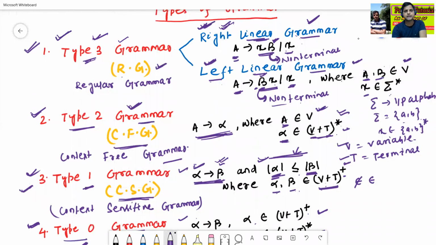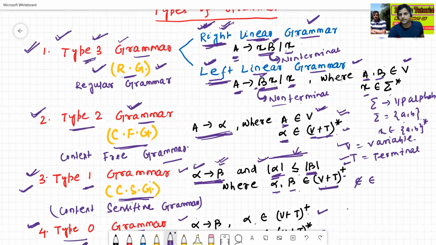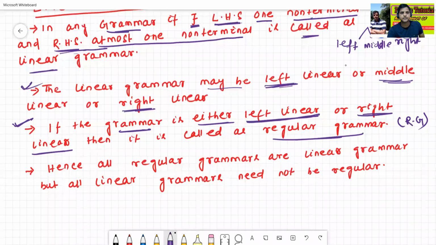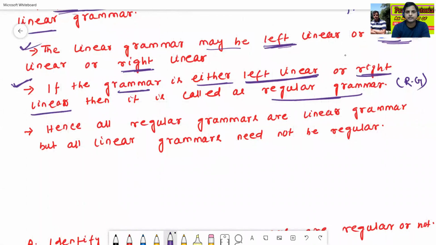What is the meaning of type 3 grammar? Type 3 grammar is called regular grammar. So if the grammar is in the form right linear or left linear, it is called regular grammar. This is the definition. If the linear grammar is either left linear or right linear, it is called regular grammar.